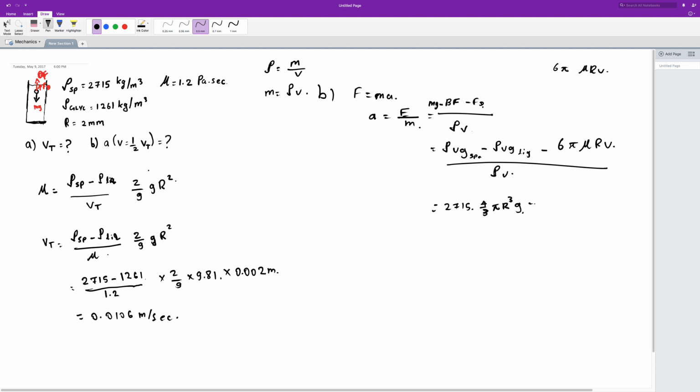Then we have the same thing for the liquid, so it's going to be 1261 multiplied by 4 over 3 pi r cube multiplied by g, and we have 6 pi mu, that is provided, 1.2. Then we have r right here. I keep the r so we can cancel r and then substitute, so I keep the r here and multiply by v. Let's put the v for now and substitute later.